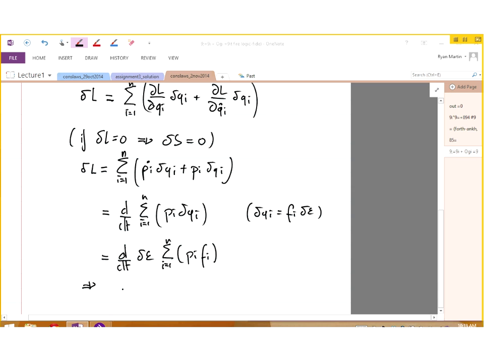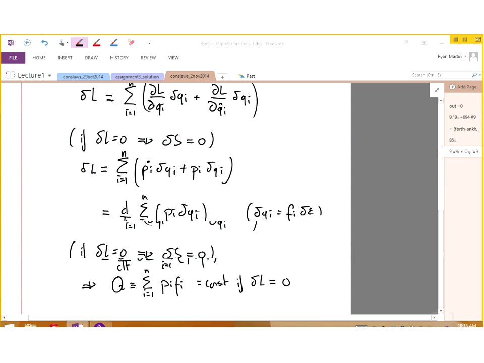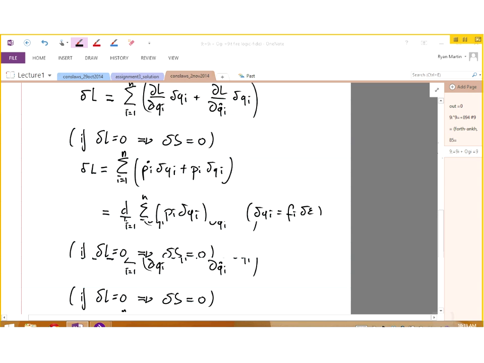So thus, if we introduce Q as the sum from i equals 1 to n of pi Fi, that's equal to a constant if delta L equals 0. And so that's just the first term in the Q that we found for the more general case.